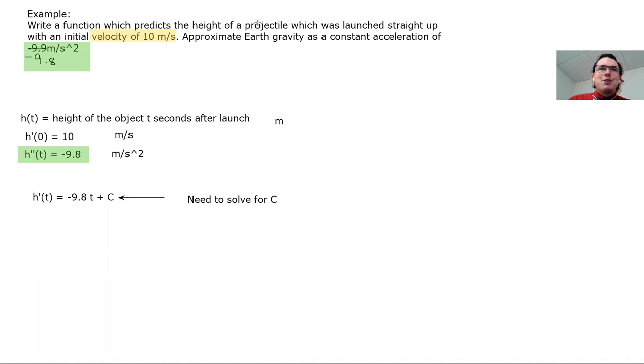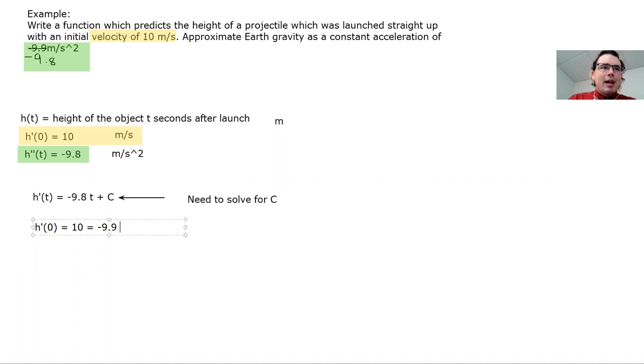Where is this extra piece of information? It's right here. So I have the y-intercept for this velocity function. h prime of 0 is supposed to be 10. And actually, I have exactly the formula for this.